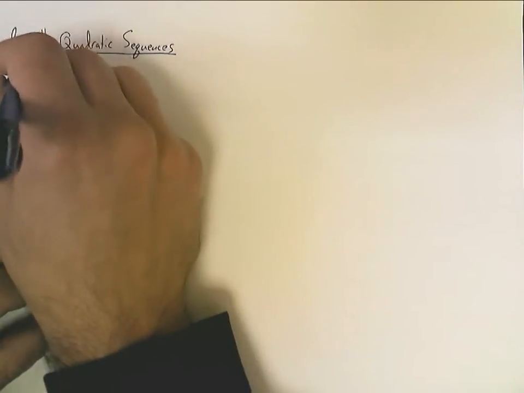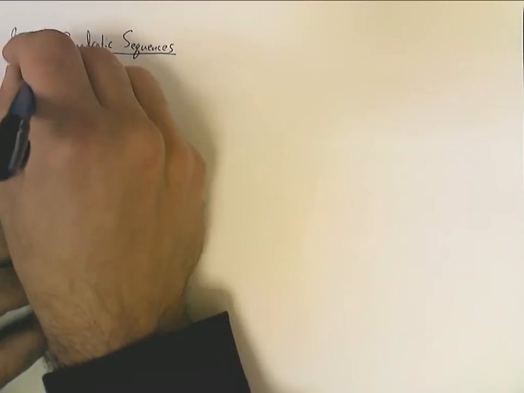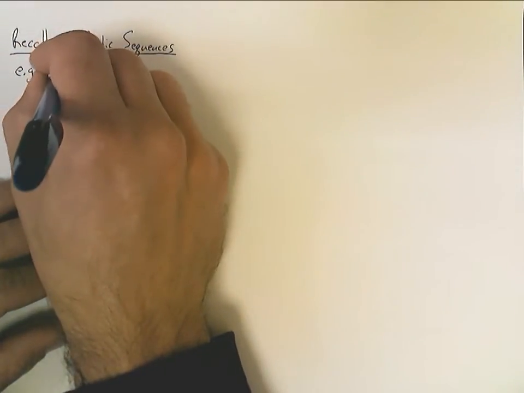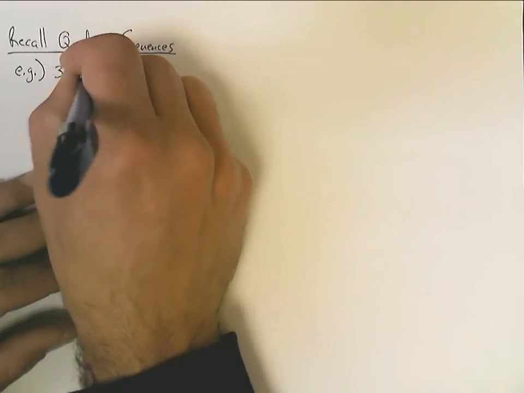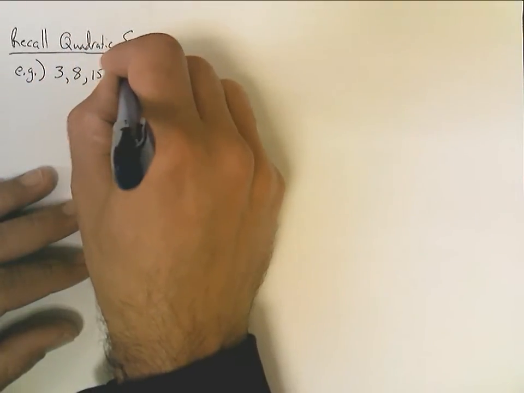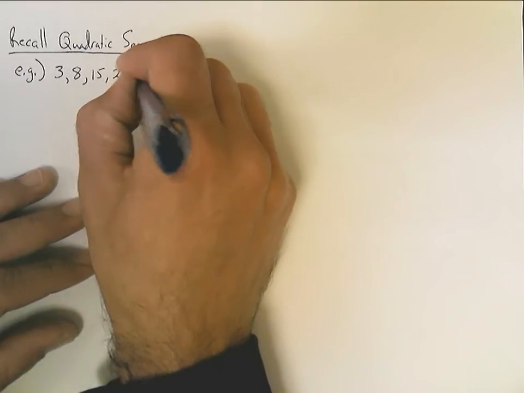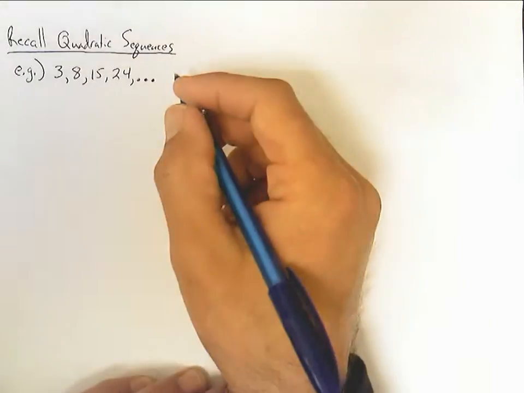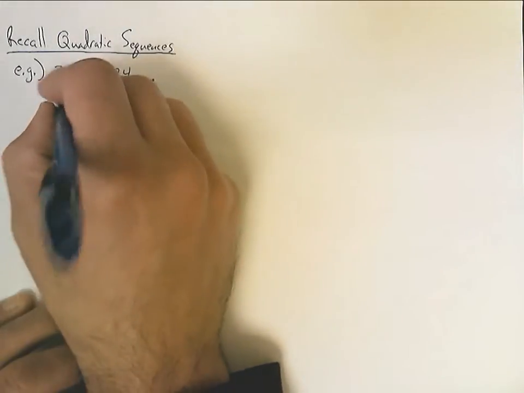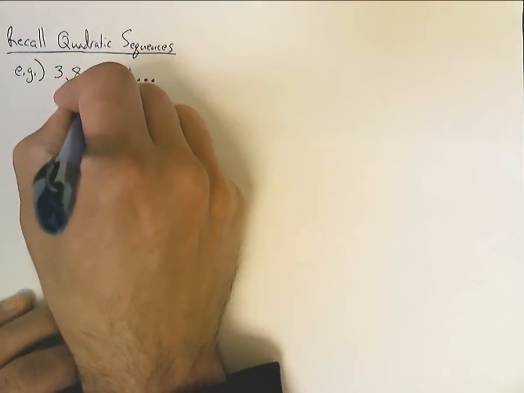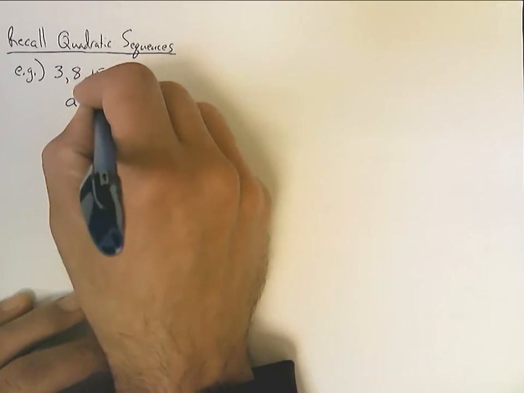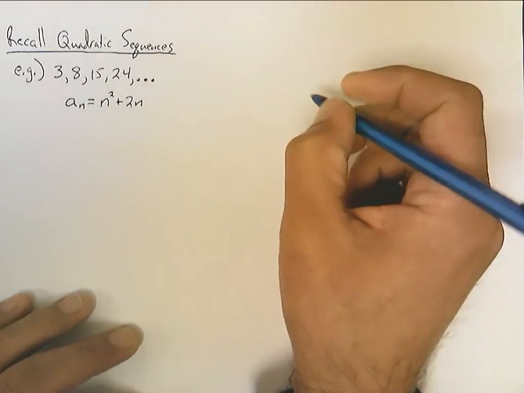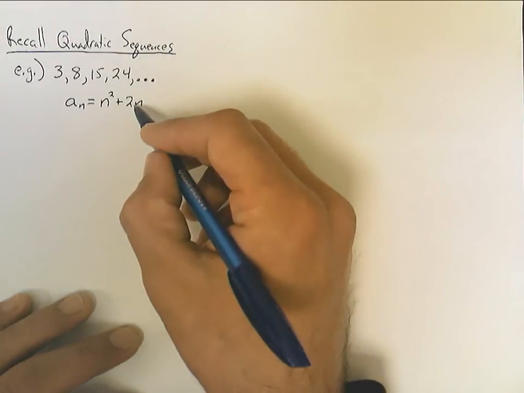Using an example from that tiles activity that we did, the first pattern that we had there was formed with this 3, 8, 15, 24, and so on and so forth. And if you went through all that, what you would have figured out is that the general rule for the term number, a sub n, is n squared plus 2n, or it's n times n plus 2.